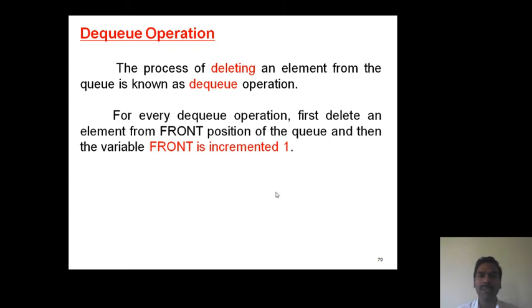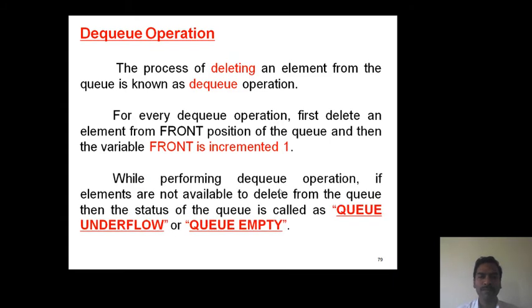So in the dequeue operation, first delete the element from the front position of the queue, since the front position allows deletion operations, and then the front variable is incremented by 1. So in the dequeue operation, if elements are not available for deletion, then the status of the queue is called queue underflow or queue empty.